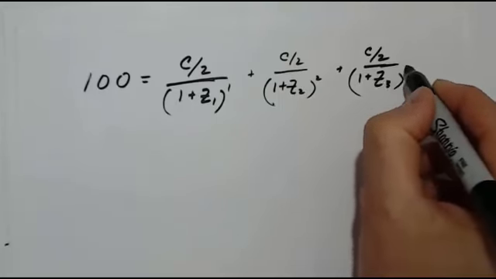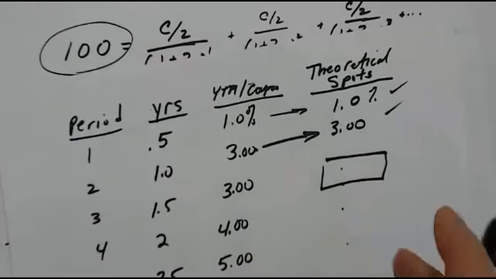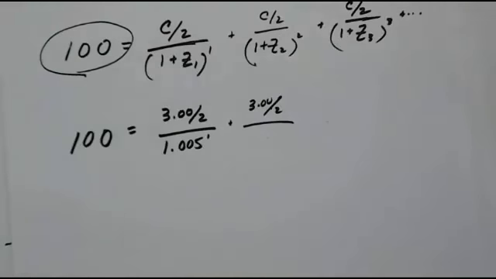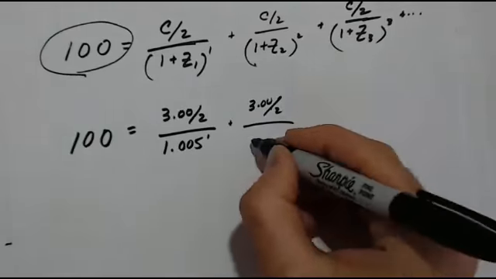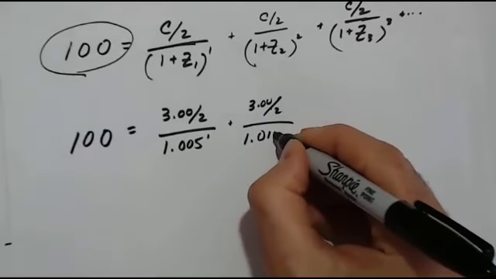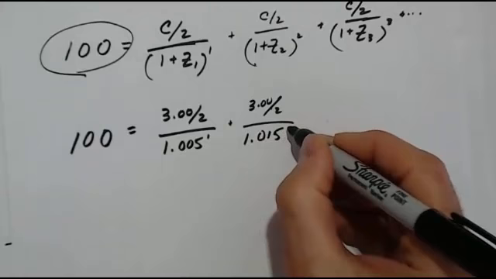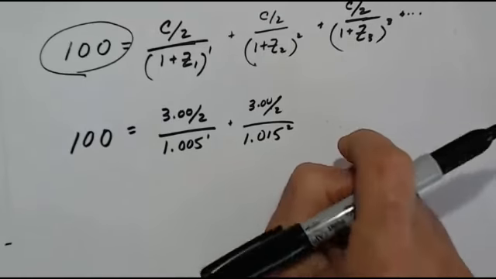Now, the next cash flow is $3 divided by 2, which is $1.50, and that's got to be discounted by the 1-year spot rate, which covers 2 semi-annual periods. So the 1-year spot rate is here, 3%. But that's on an annual basis, so let's unannualize it, so to speak. That's 1.015, so it's 1.5% for 2 periods.